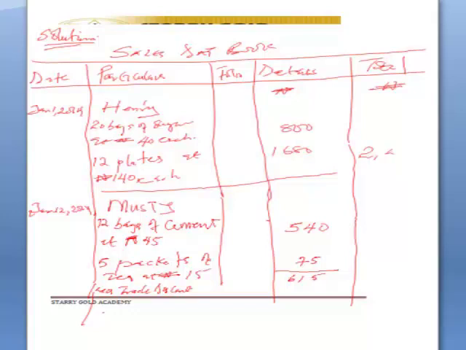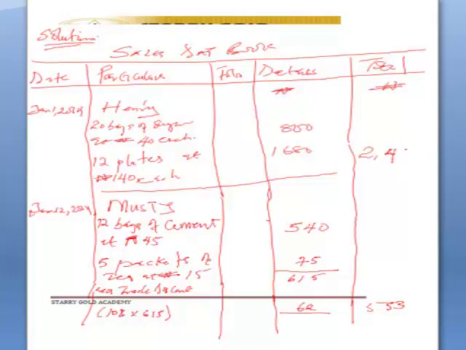So in a bracket, 10% of 615 is going to be 62 approximately. So when we less that, we are going to have 553. The total here is 2480.